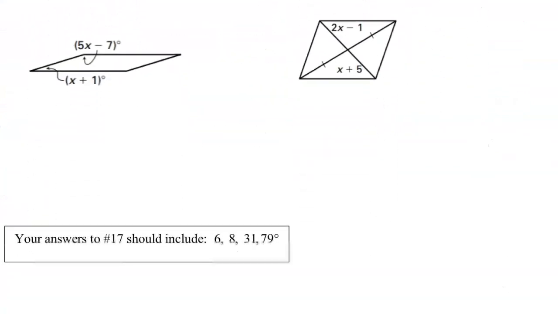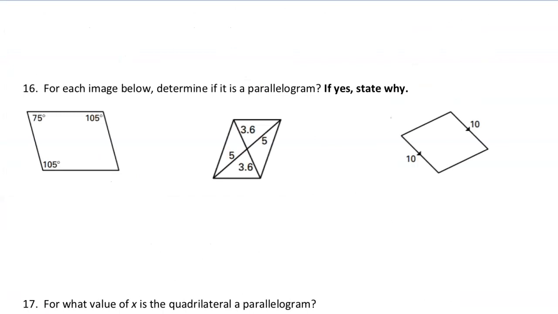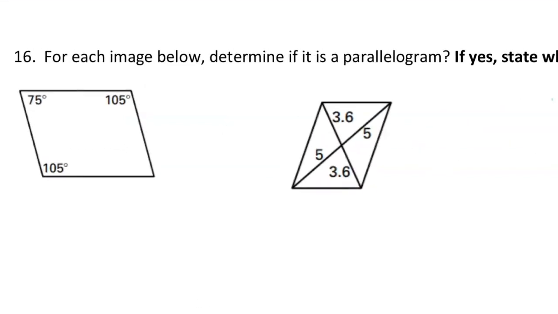Okay, now let's move on to this. We've got a couple more problems here, and then we have some word items. Okay, for each image below, determine if it is a parallelogram. Okay, so it looks like I have a couple of options here. How many degrees are inside a quadrilateral?